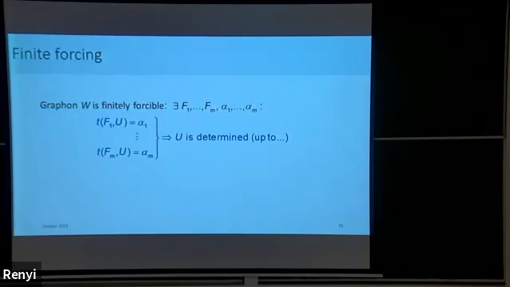In general, this notion of finitely forcible means that there is some finite list of graphs and some finite list of densities, so that these conditions, if U is a graphon, determine U uniquely. Of course, unique here means, as David talked about, that you can always reshuffle the unit interval. You can turn it around, cut into 2 and exchange, do any kind of measure preserving transformation on it. But that's all. Except for that, U is uniquely determined.